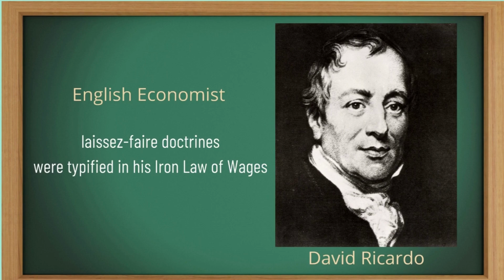His laissez-faire doctrines were exemplified in his iron law of wages, which stated that all attempts to improve the real income of workers were fruitless and that wages perforce would remain near the subsistence level.